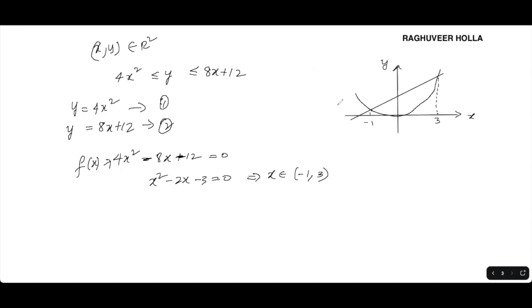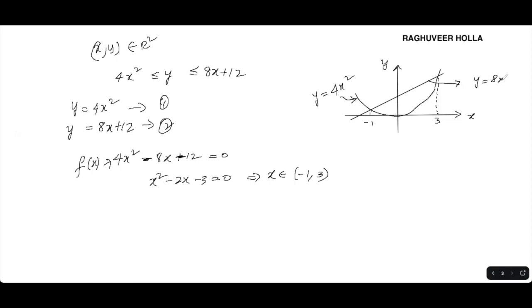So we got this. This is the curve y = 4x², and this is y = 8x + 12, the equation of the straight line.